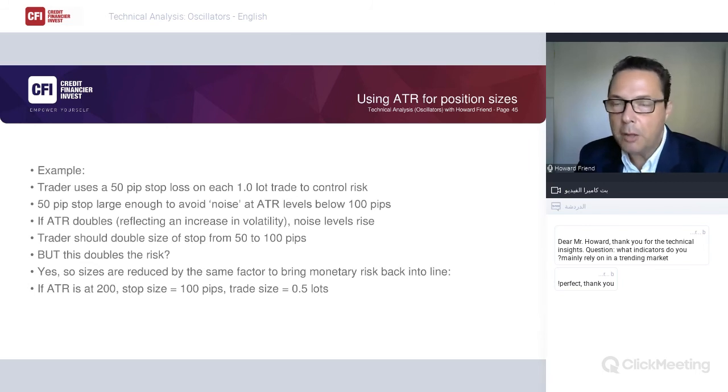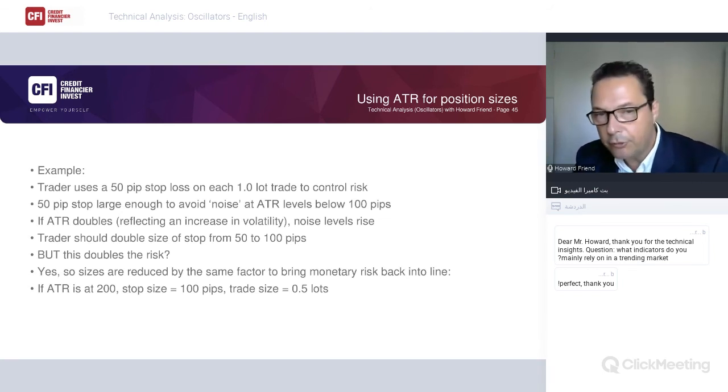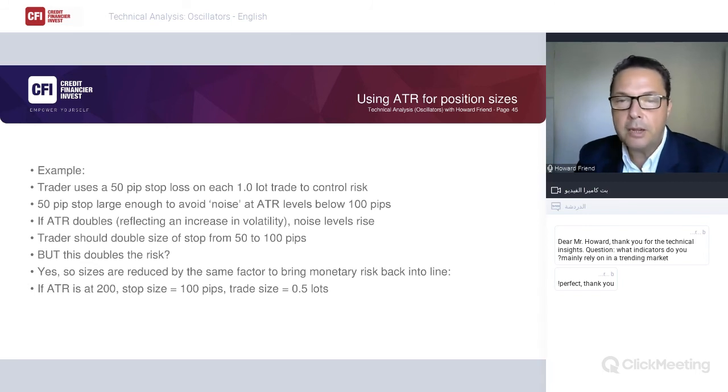But if ATR doubles, as we've seen it can do, that reflects a large increase in volatility. So the noise levels, i.e. the movements from up to down intraday, are going to be bigger than they previously were. So it would make sense to increase the size of your stop in line with volatility.